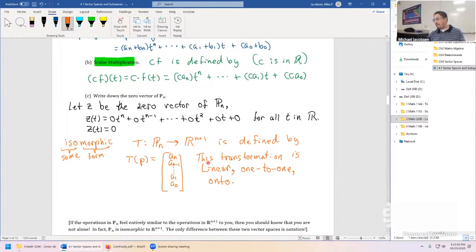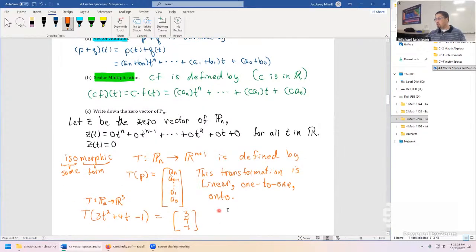So for example, if you have p of t equals 3t squared plus 4t minus 1, this would be just 3, 4, minus 1, and this would be for a transformation T from P2 into R3, just a particular example down below.